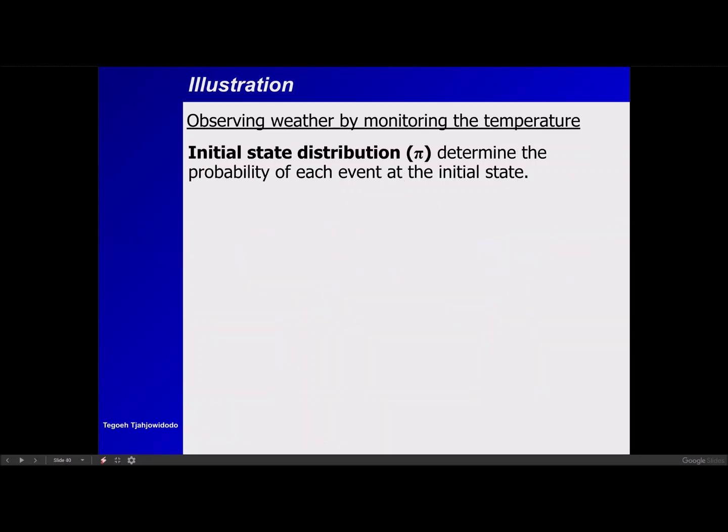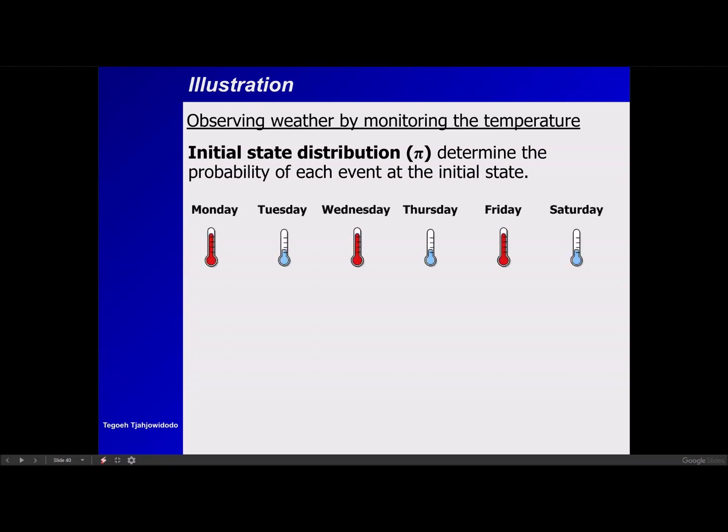One more thing that I want to introduce to you is what we call the initial state distribution. Again, let's take a case of a 6-day event from Monday to Saturday. If we model it, the historical data should start from one event, right? So in this sequence we started from Monday.